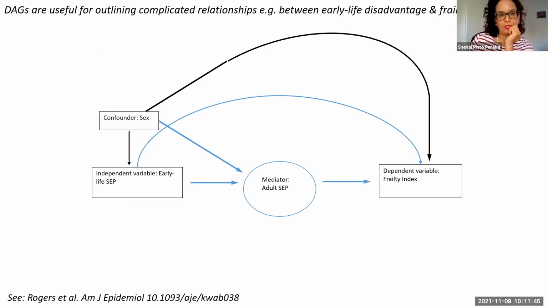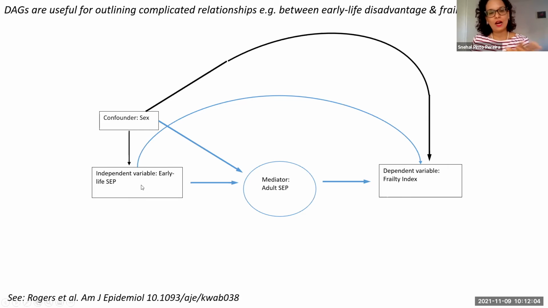So here's an example of a DAG that we used to examine complicated relationships between early life disadvantage and frailty. And I think Joe's on this call as well. Joe was a co-author on this paper, so any questions about it, you can ask her later.